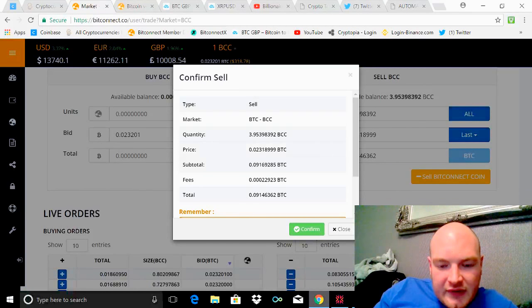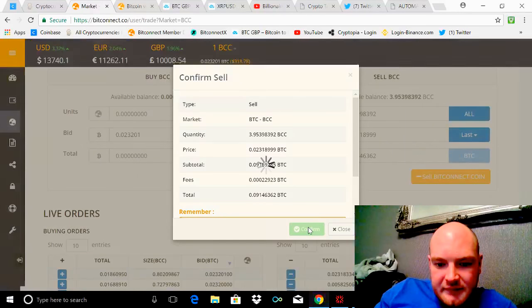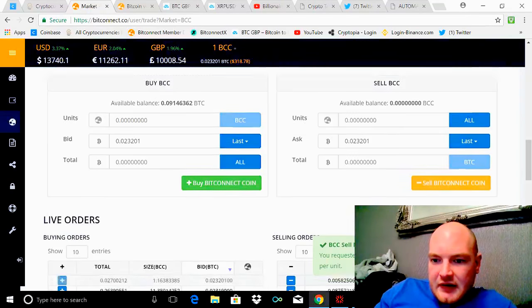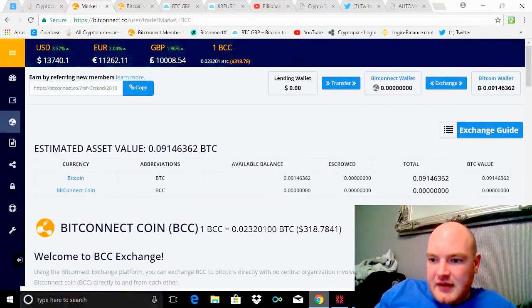So that's the price I'm getting per BitConnect coin in BTC. That looks okay. Just click confirm. Great. Now this should be in my Bitcoin wallet, yes.